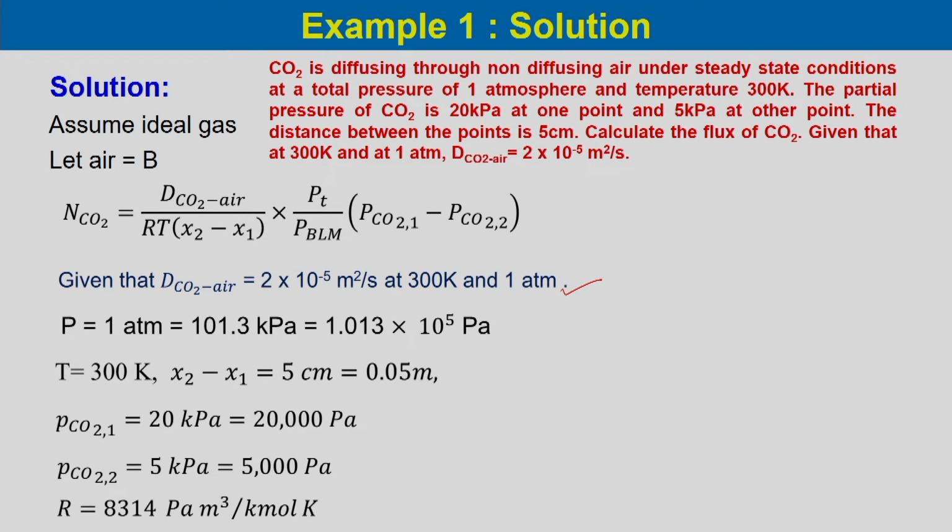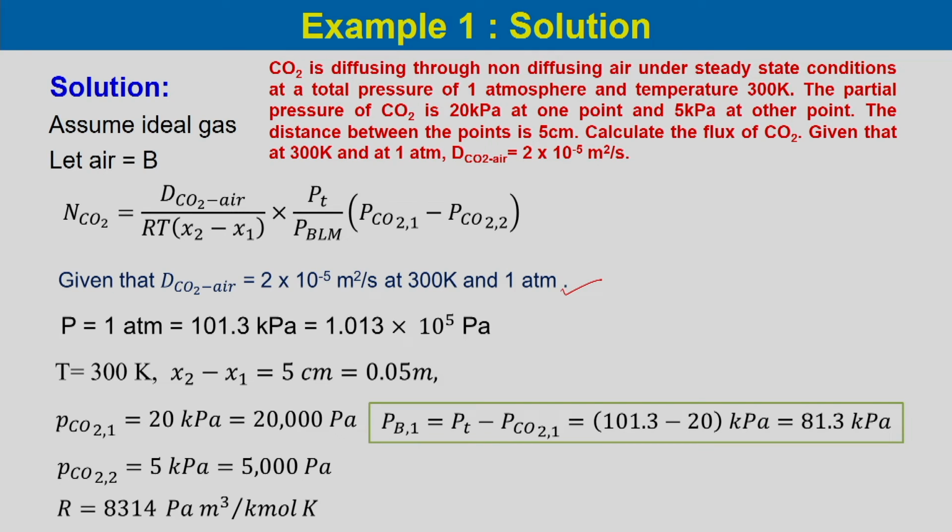The partial pressure of carbon dioxide at point 1 is given as 20 kilopascal, which is 20,000 pascal. The partial pressure of carbon dioxide at point 2 is 5 kilopascal, which is 5000 pascal, and R is given as 8314 pascal meter cube per kilomole Kelvin.